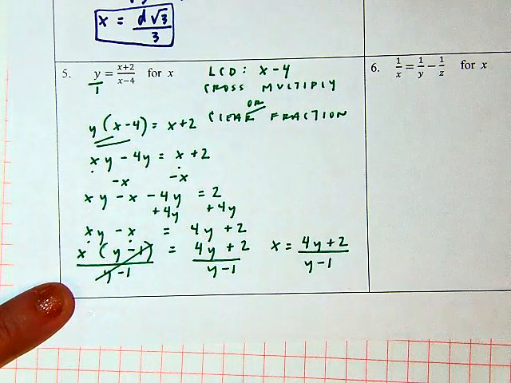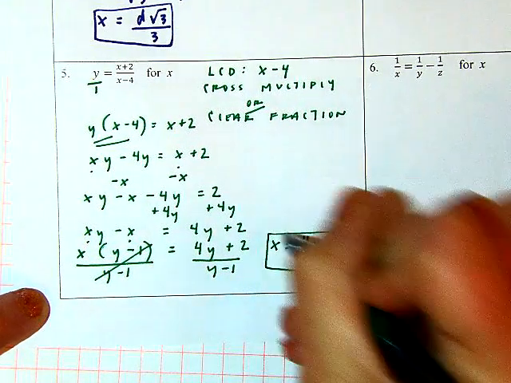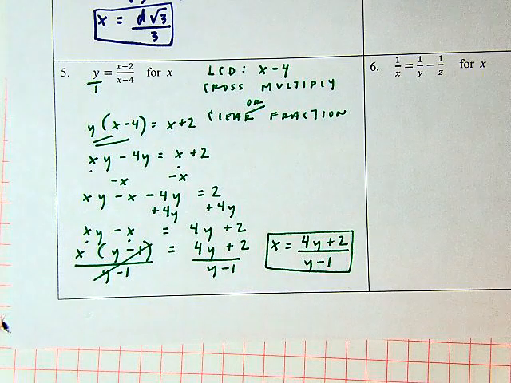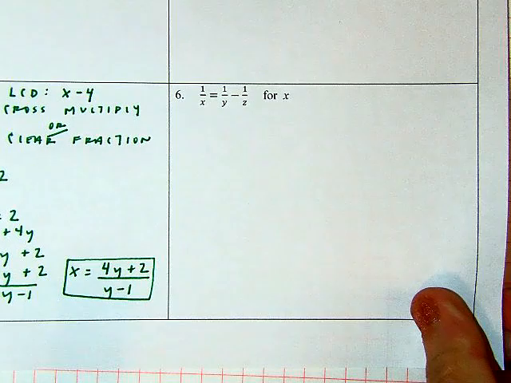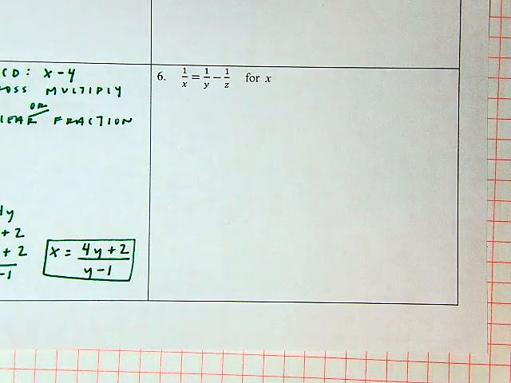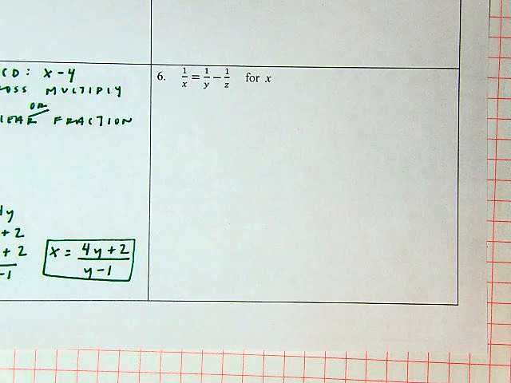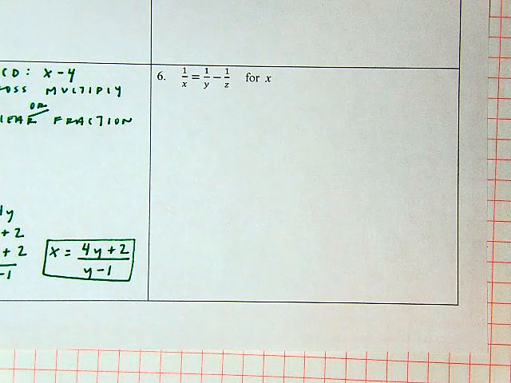Now that's as simplified as I'm going to get. All right, one more problem. All right, so here I have 1 over x equals 1 over y minus 1 over z. And here I want to solve for x.